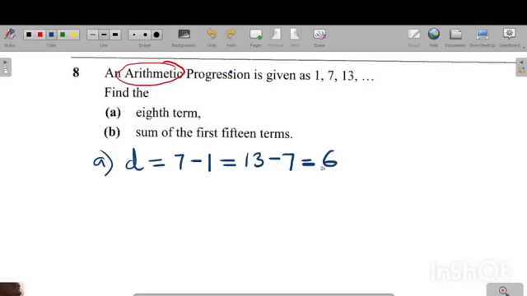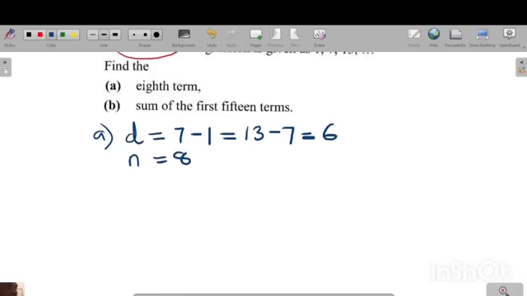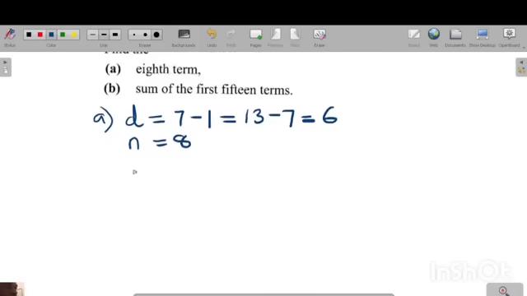All right, after finding the common difference, you also need to know that you are finding the 8th term. So n is 8, okay? To find the 8th term, we are going to use the formula. The general formula for finding the terms of an arithmetic progression uses a, the first term.